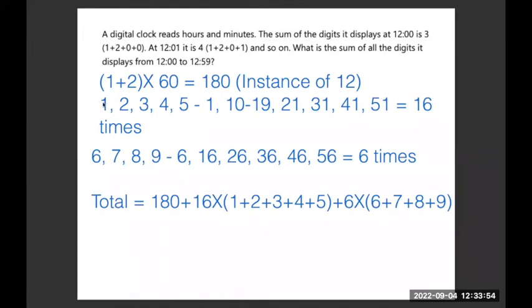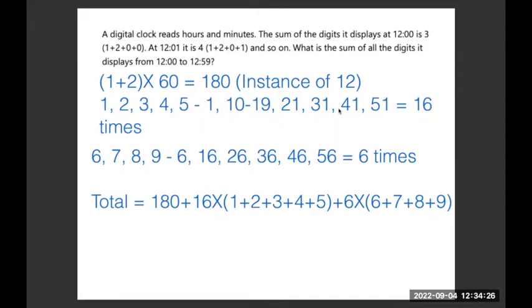So what I did was, the numbers 1, 2, 3, 4, 5 are coming in the tens place, like 10, 20. So all these numbers are coming in the tens place. They're also coming in the ones place, but that many numbers are in the tens place. So that's why I segregated that clump of 1, 2, 3, 4, 5. And then, for an example, I started with the number 1.